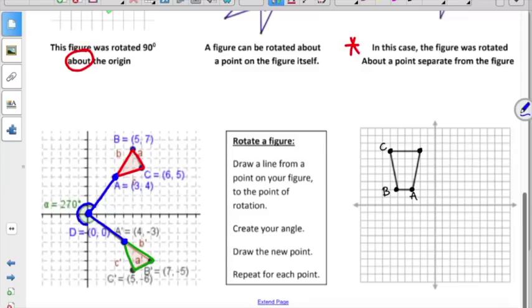So we're going to rotate this figure now. Here's the steps. We're going to rotate it 90 degrees clockwise. So we're going to start with each point, and we're going to draw a straight line to the point of rotation, which is just going to be the origin.